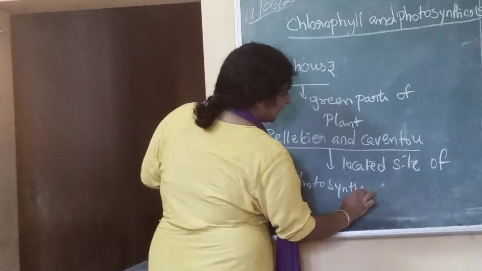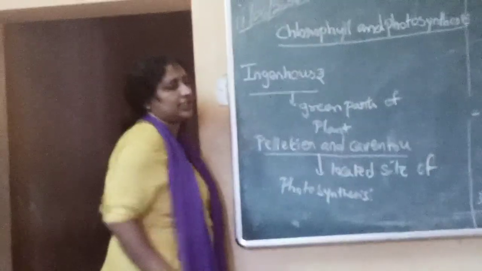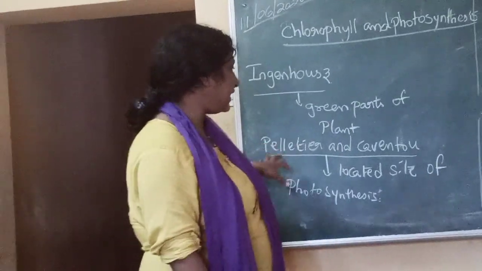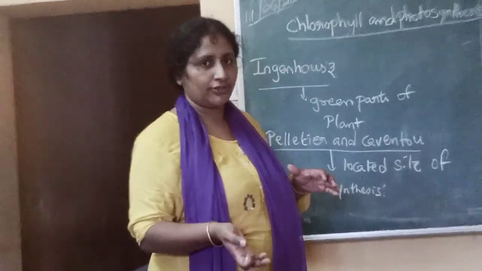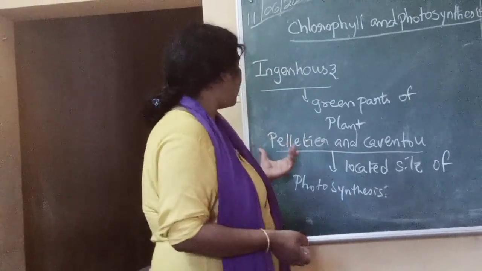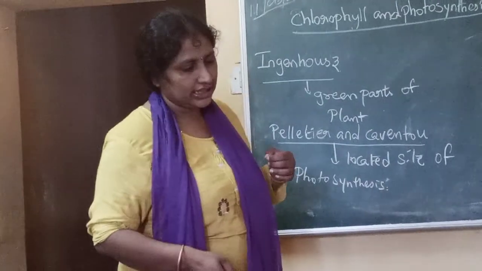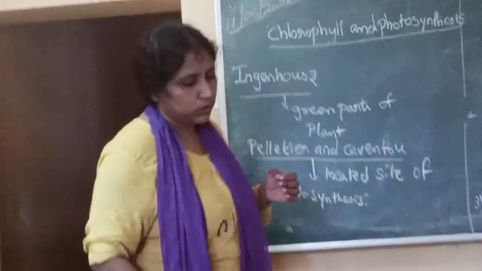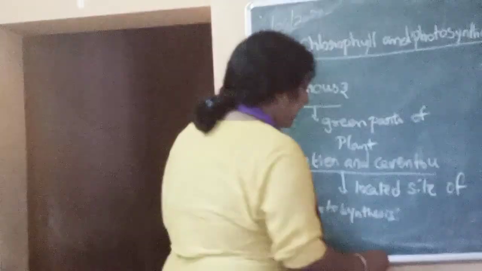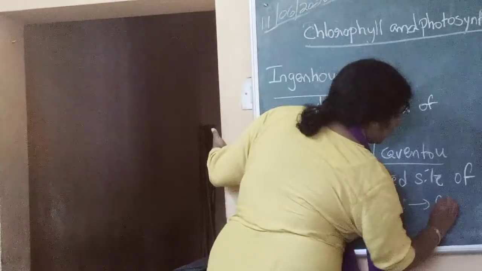Wherever the green color is present is responsible for photosynthesis, so they located the site of photosynthesis and named it chlorophyll.